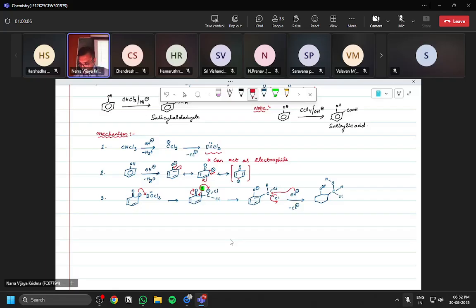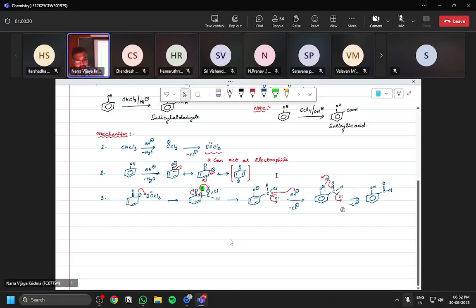Now this O minus pulls this H plus out. This bond will shift. This chlorine is lost. So the product will be OH, C double bond OH. You got salicylaldehyde. Correct, sir?